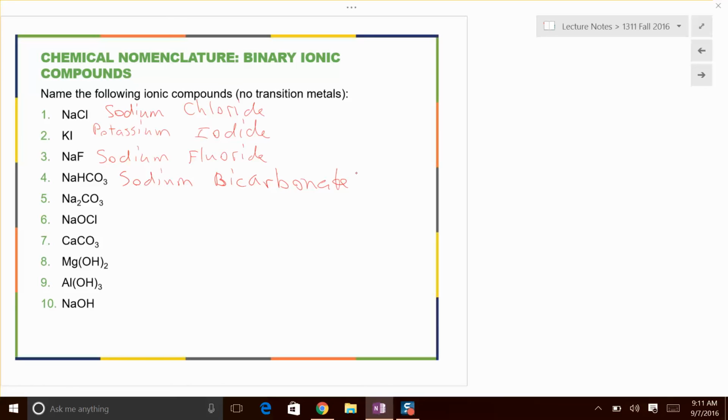Carbonate bonds with 2 sodiums because each sodium has a +1 charge. So this is sodium carbonate. The only difference between carbonate here and bicarbonate here is that you added a hydrogen to this carbonate, which made it bicarbonate. Okay? You don't have to remember that one. But the carbonate, I do expect you to know.